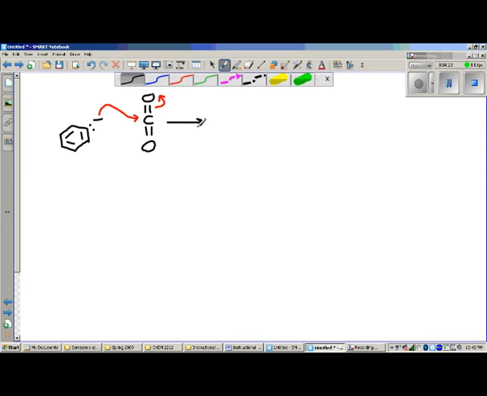Alright, so there's really nothing new here. And so what we end up with is our Grignard reagent that now has the O minus and the carbonyl group that nothing happened to. And so what do you guys think the second step here is?